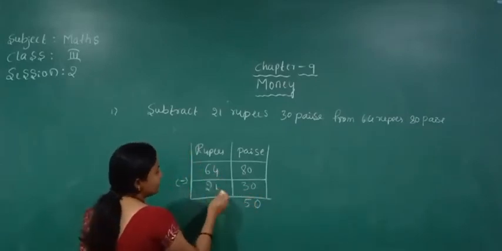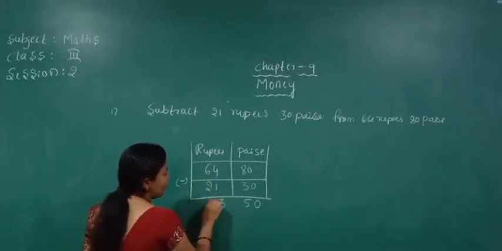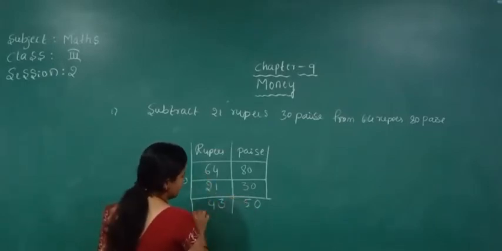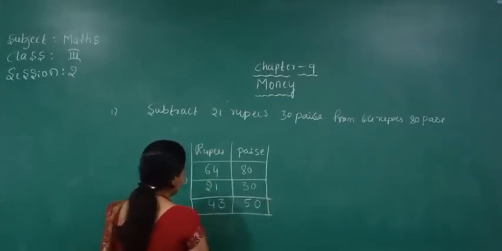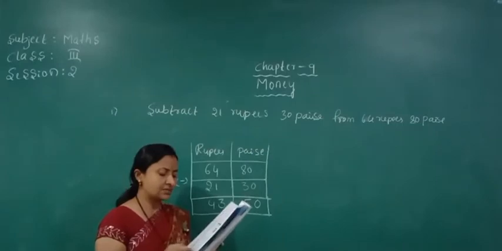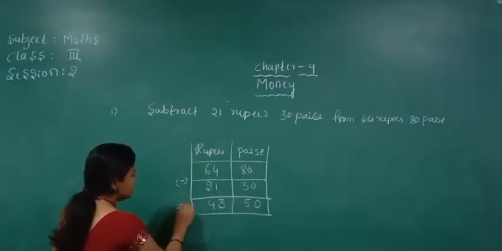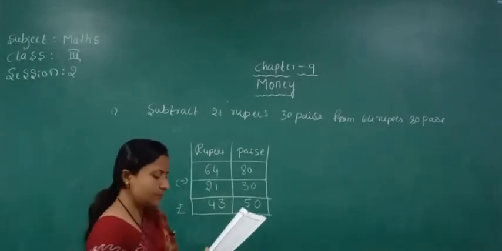Next, 4 minus 1 is 3, 6 minus 2 is 4. So the answer is 43 rupees 50 paise.